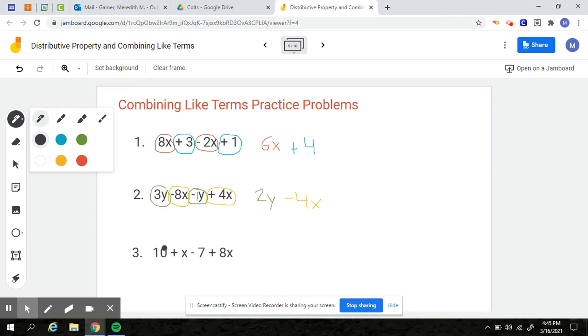And then this final problem, let's start by putting our numbers together. So 10 -7. So 10 minus 7 will give you 3. So we've combined those two numbers to just make one number there. And then the x's again, +x, right? That's a 1 right there. +8x. 1 plus 8 will give you 9.